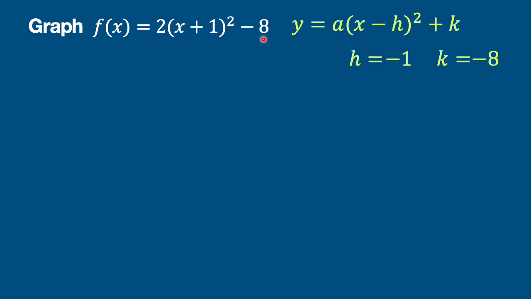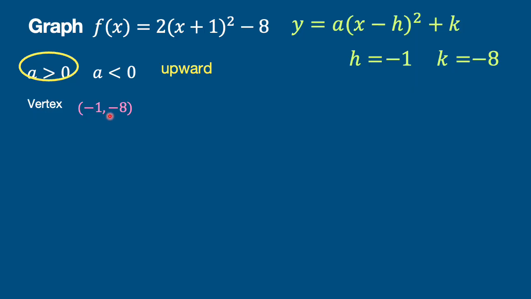That's how you clearly find the vertex point, okay? What's the leading coefficient? It's the number here, and it's positive, which means the graph is going to be upward.